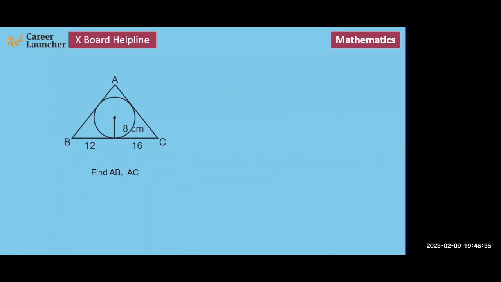This question is a bit tricky. I think you will have to pull out something that you learned about triangles from your earlier classes, right? You will have to use some property of triangles that you studied earlier.